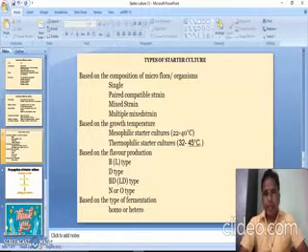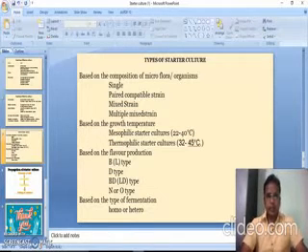So let's see in detail the classification of the starter culture. That's based on the microflora or the microorganism.